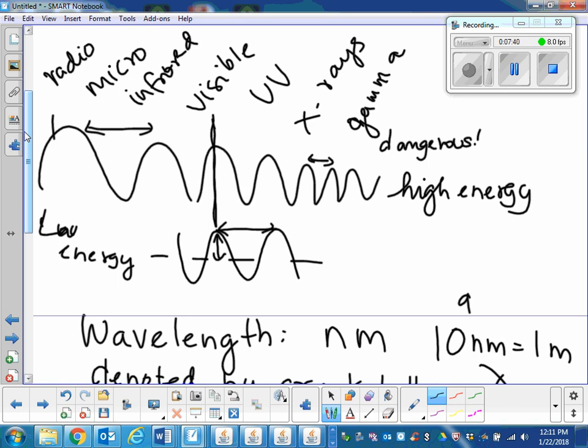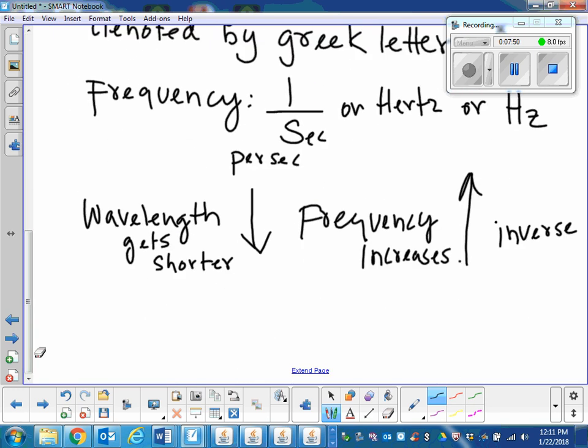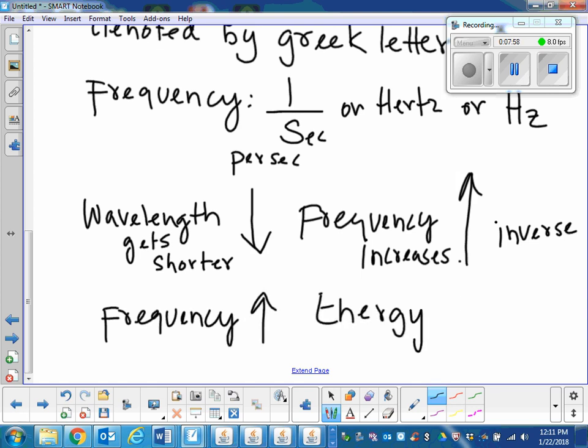No. Connect frequency and energy for me. Oh, the higher the frequency, the higher the energy. Very good. So as frequency increases, energy increases. It's a direct relationship.